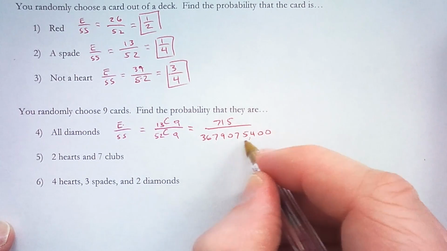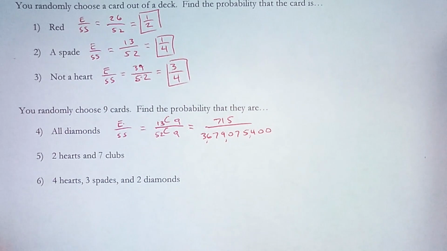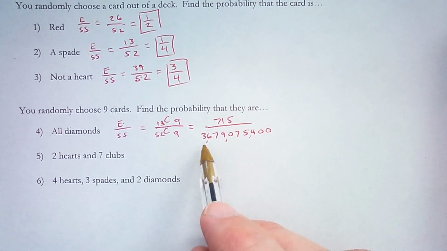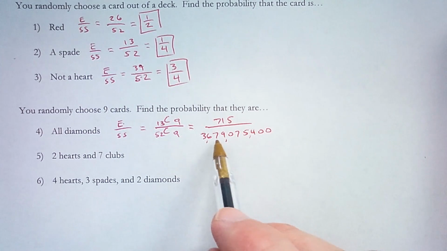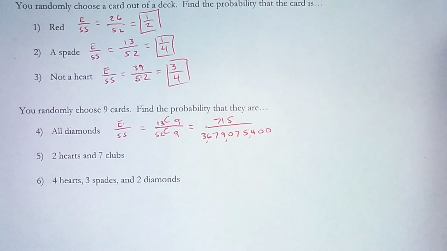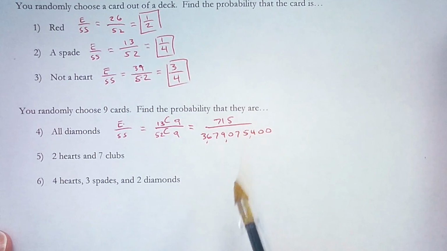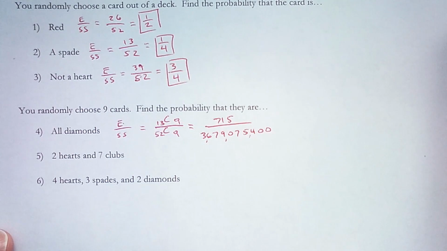So there are 3,679,075,400 ways. Easy for me to read that number. So this could be simplified. I'm just going to leave it just like that and move on to hearts and clubs.